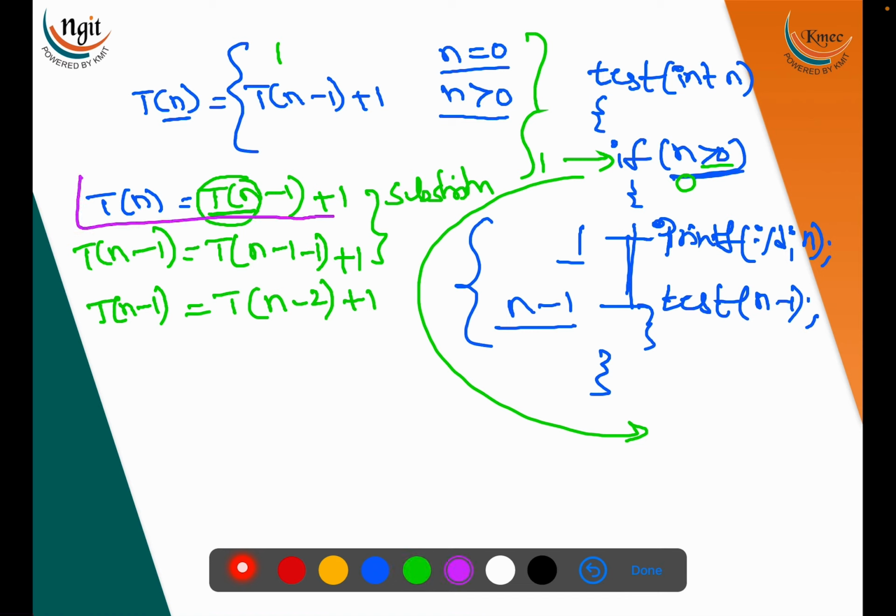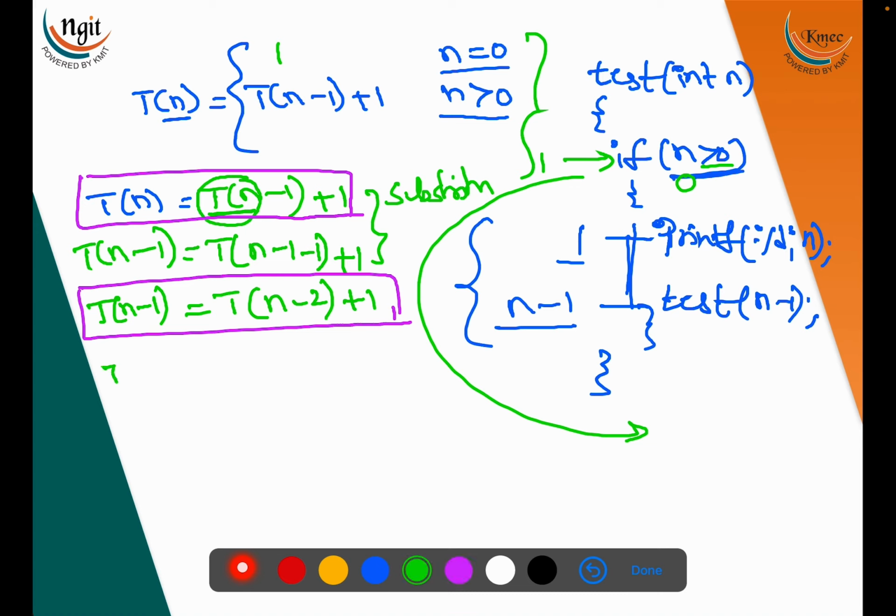T of n value is T of n minus 1 plus 1. T of n minus 1 is T of n minus 2 plus 1. Now, T of n minus 2 will be T of n minus 3 plus 1.